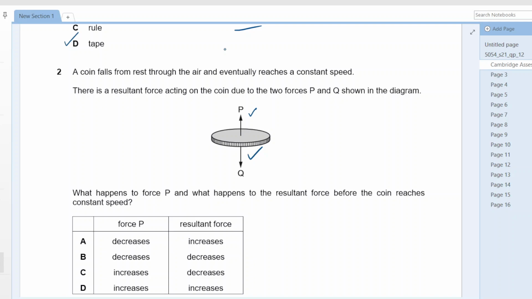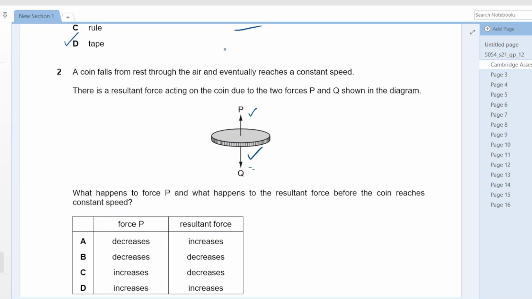As the coin falls, P increases and weight remains the same.